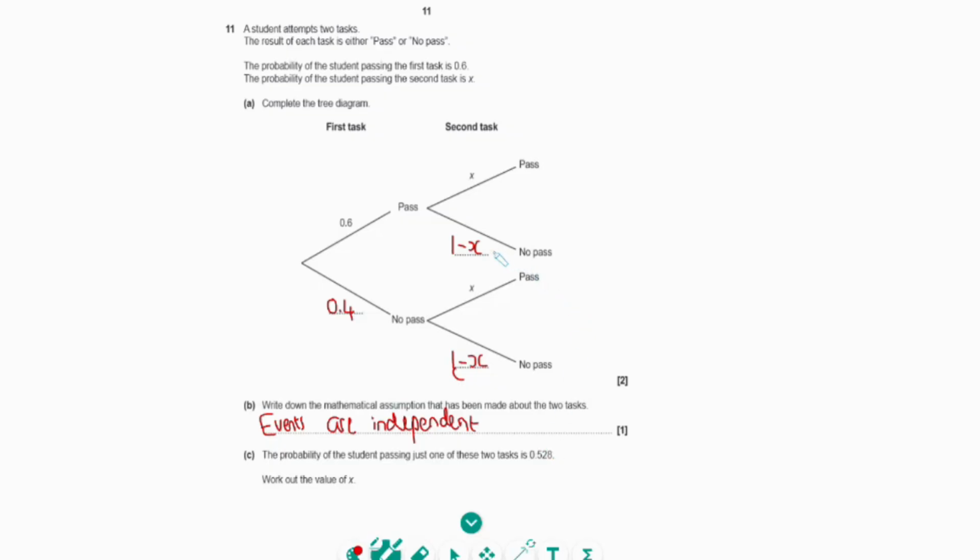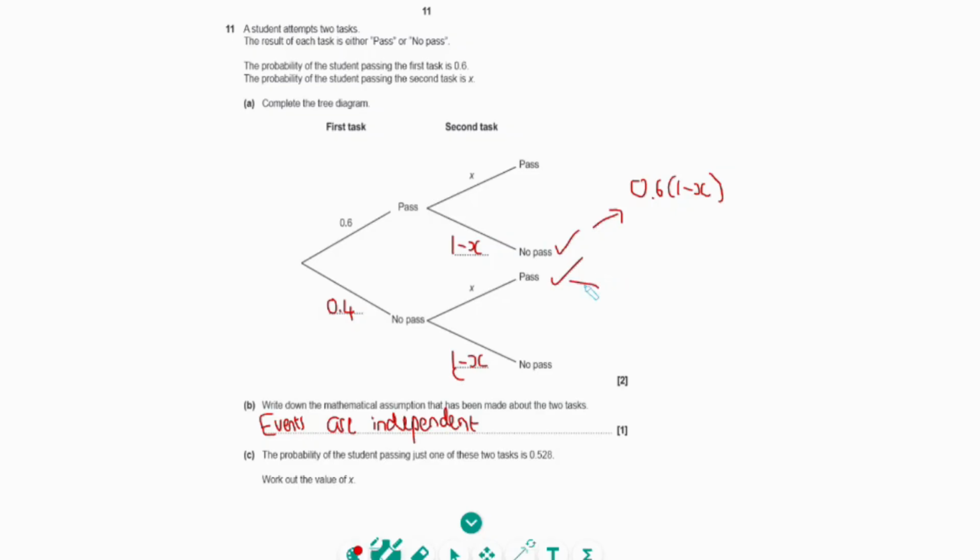Probability of the student passing just one of these tasks. So here is pass 1 task, you've gone pass, no pass. And here is also pass just one of the 2 tasks, because no pass, pass. So we know 0.6 times 1 minus x.